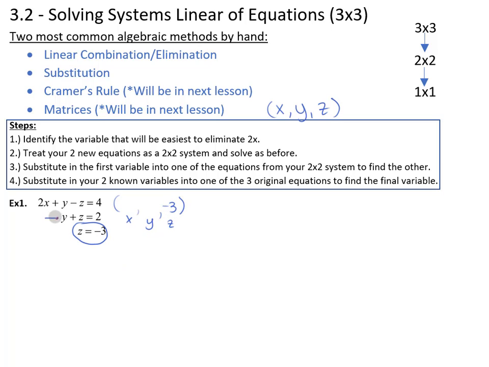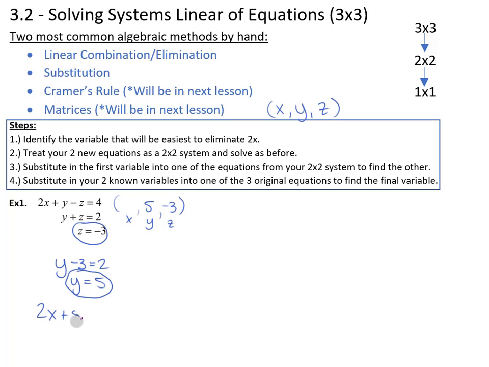I see in my next equation, if I substitute in z, so I put in -3 for z, we can quickly solve for y. Add 3 over, we get y is 5. So I now know z is -3, y is 5. We just need x. And in fact, the only equation that has x in it is the top one. So we're going to substitute in y.